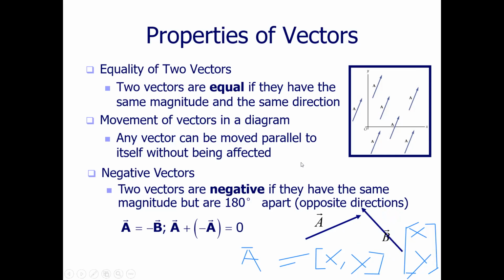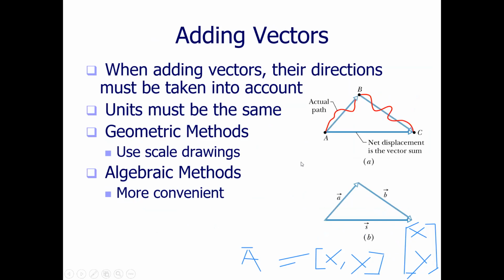Next, the basic thing we need to know in vectors is adding vectors. Now how can we add vectors? If you have a vector AB and another vector BC, then AC represents the net displacement of these two vectors.